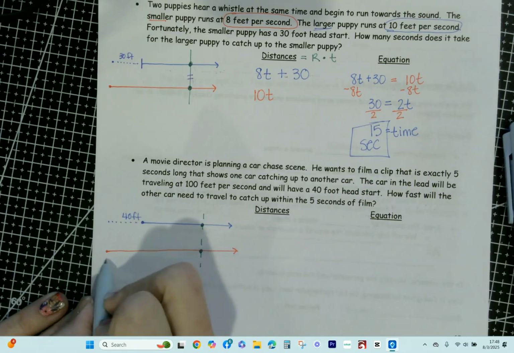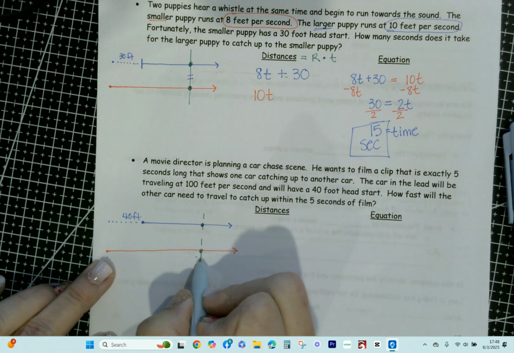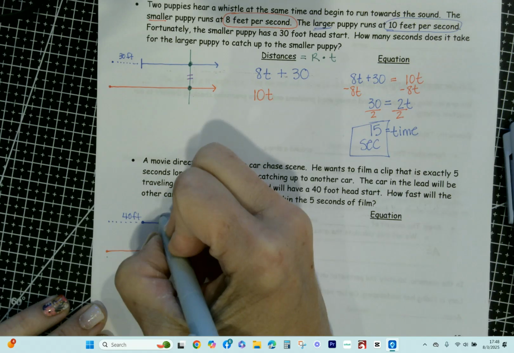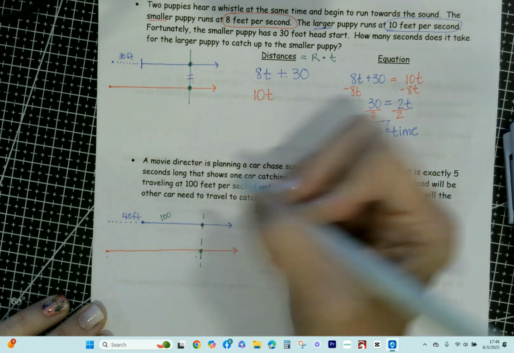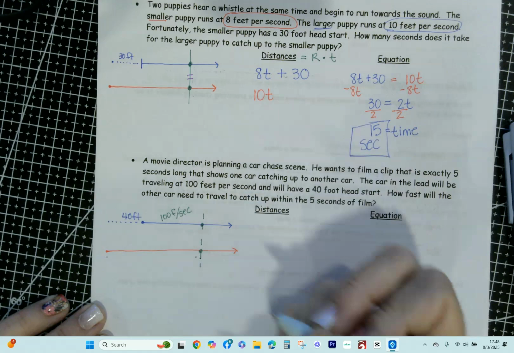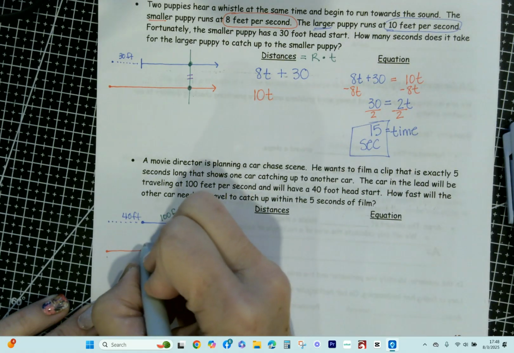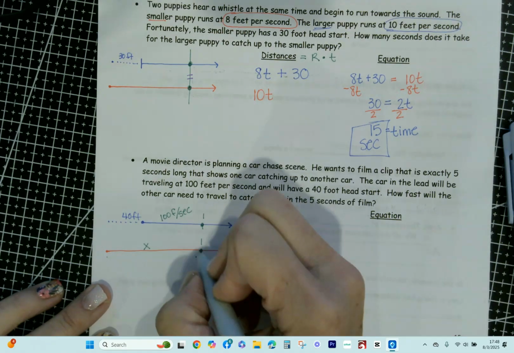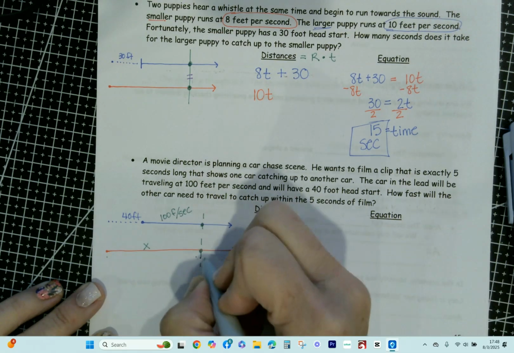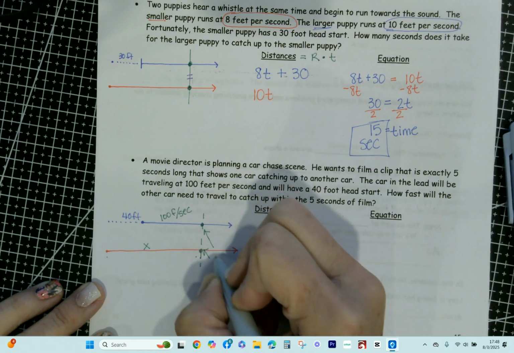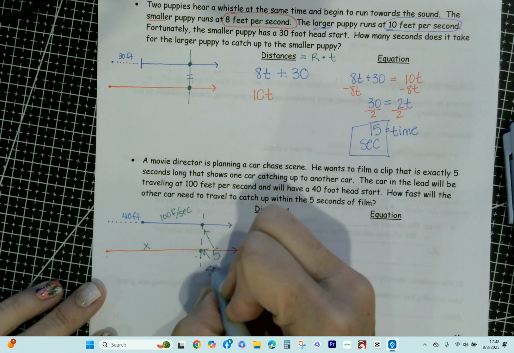From here to here, this is 100 feet per second. And we don't know how fast the other car will need to go. We don't know that. But I do know that this time right here is 5 seconds.